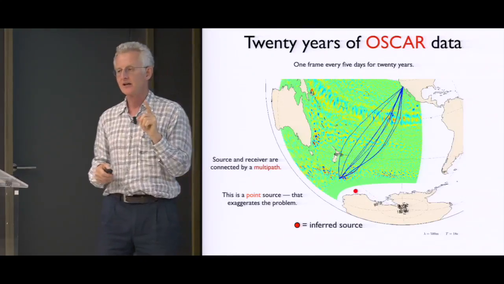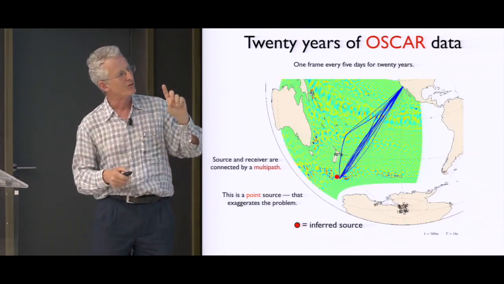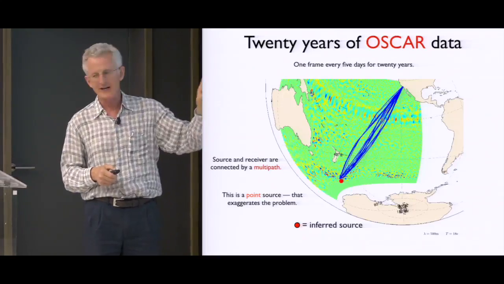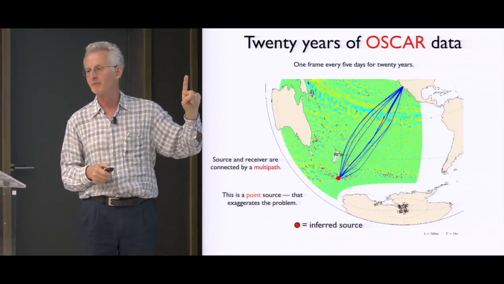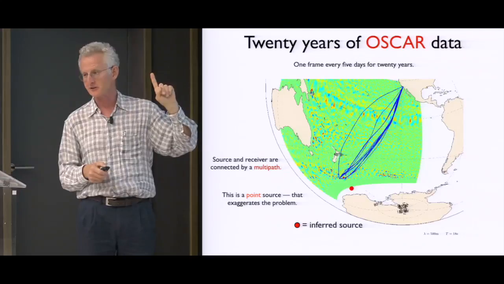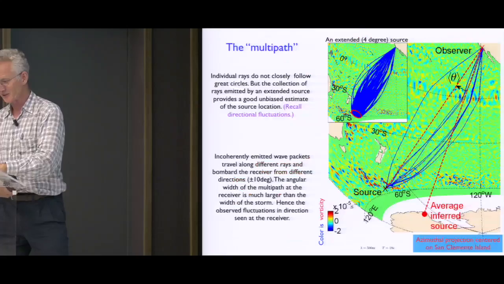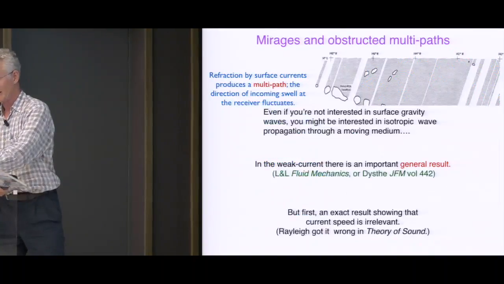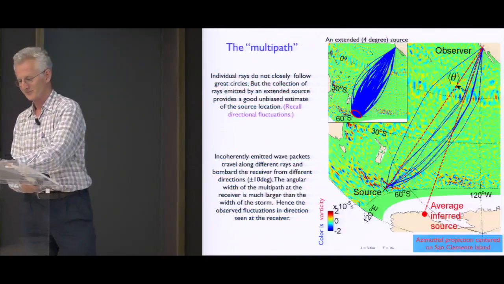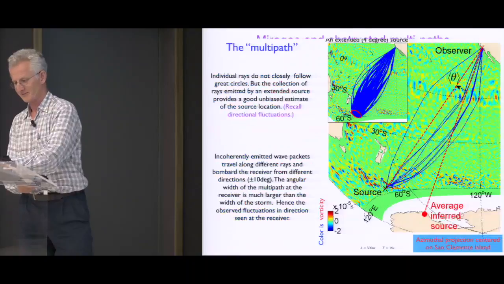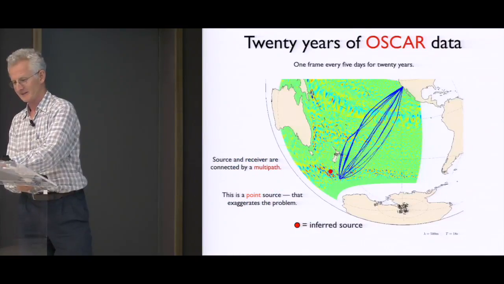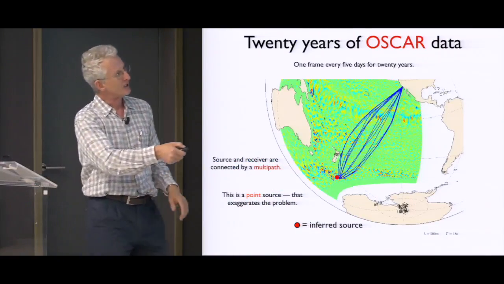Yeah, so the question is, why isn't the estimate here a biased estimate of the location of the source? So what I'm saying is, if I stop this now, I don't know if I can stop it. No, I can't. In general, it's not biased.